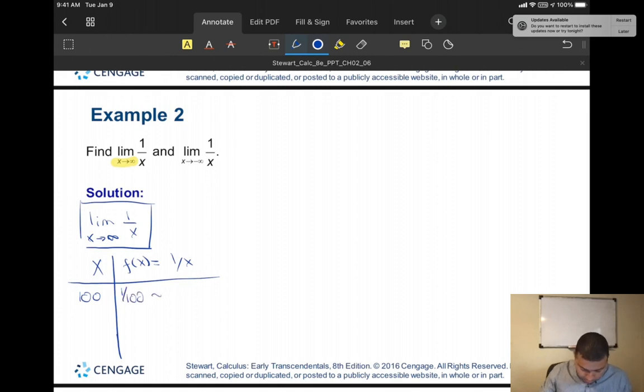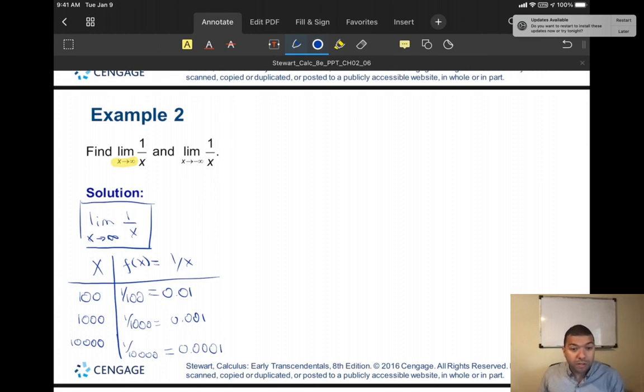So 1 over 100 is 0.01. If x equals 1,000, then 1 over 1,000 is 0.001. And if I add another 0, then 1 over 10,000, that's just moving the decimal point once more to the left.